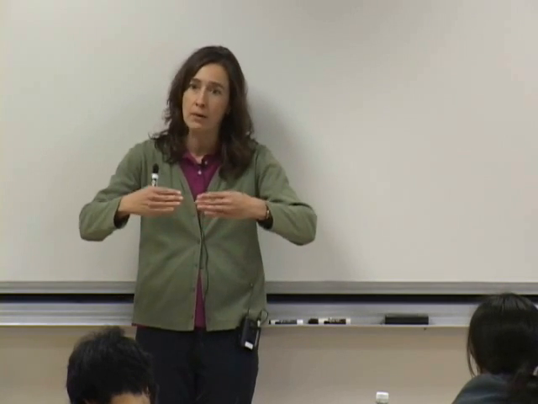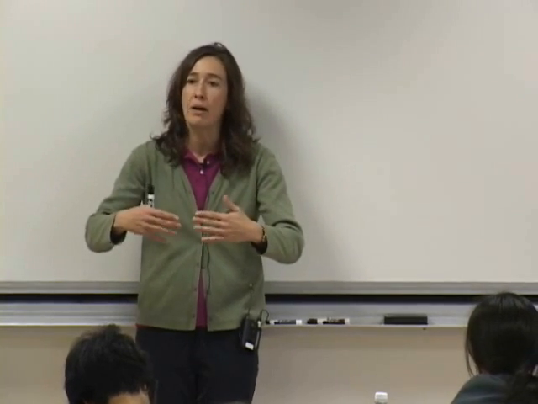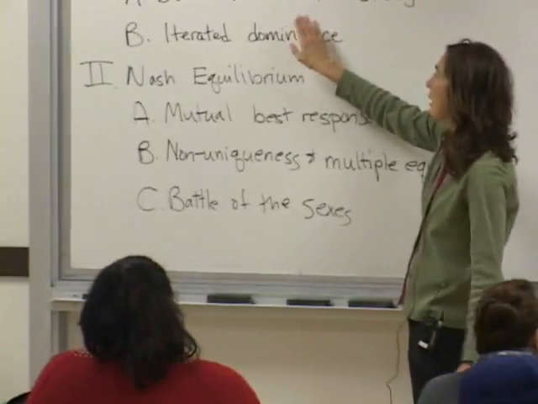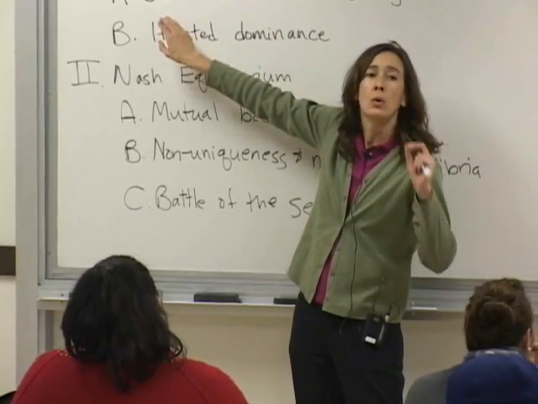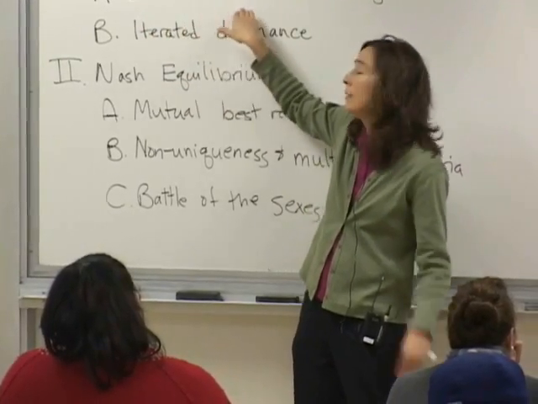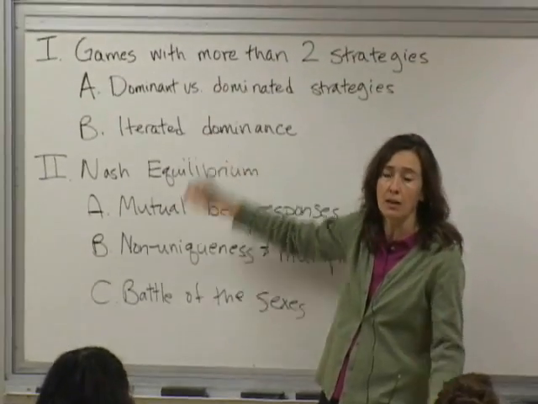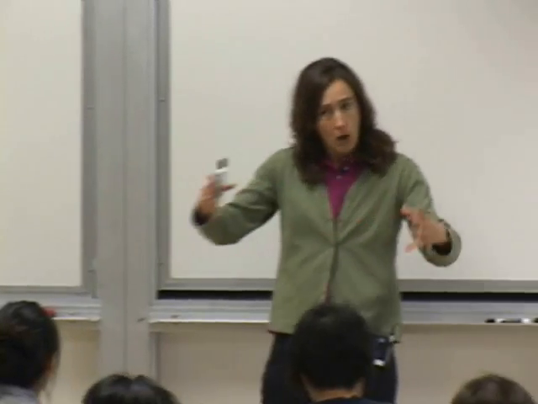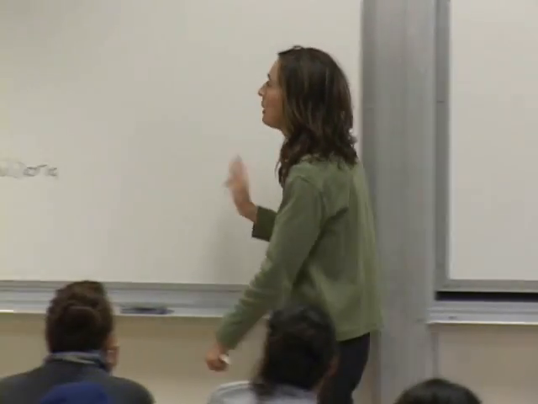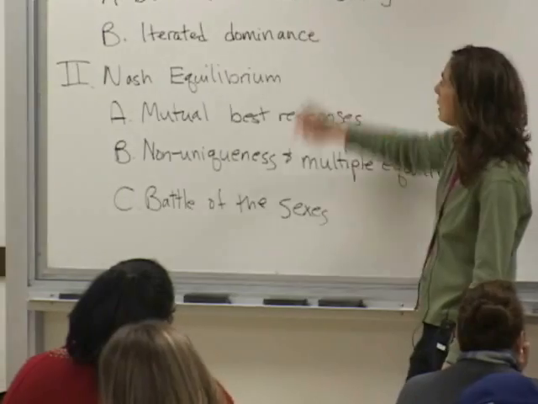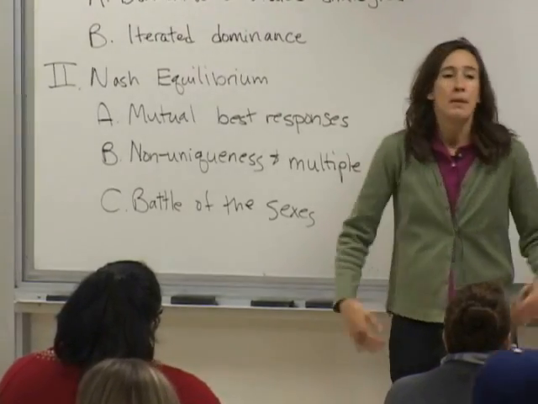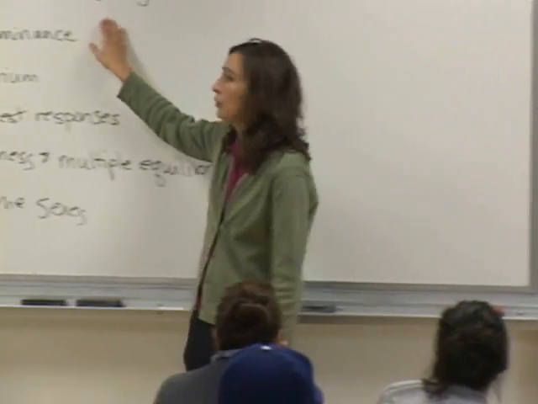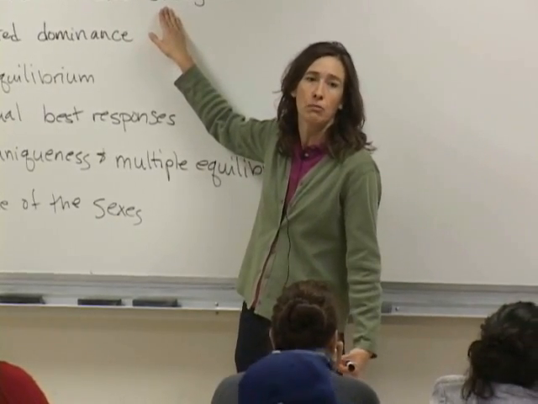Okay, so we're now going to keep pushing at that boundary to cases where, in games with more than 2 strategies, there may be no dominant strategies, but there will be dominated strategies. I'll go into the details on that in a minute. Okay, and so that's going to be a slightly broader set of simultaneous games that we can look at by eliminating dominated strategies, but it's still going to leave us with a set of games that we won't be able to solve using the dominance relationship.